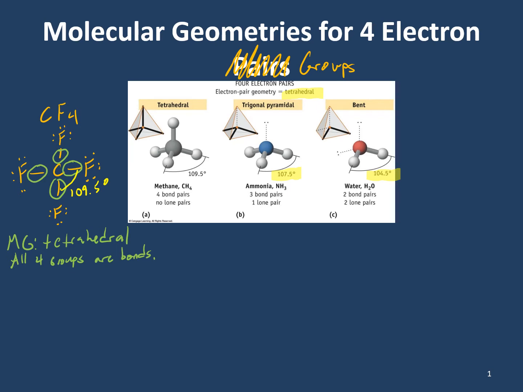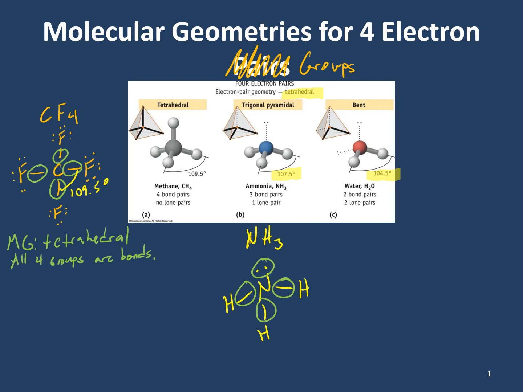So let's do something that is NH3. So it has the digital image there, but if we draw the actual Lewis structure of NH3, we get this structure. Now, again, if we count our groups, 1, 2, 3, 4. Remember, when we're counting for electron group geometry, we count lone pairs on the central atom and bonds around the central atom.